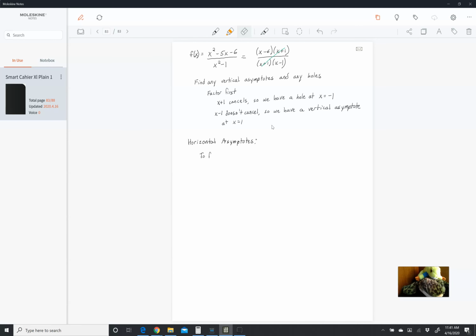To find these, we're asking what happens to y as x approaches negative infinity, and what happens to y as x approaches positive infinity.